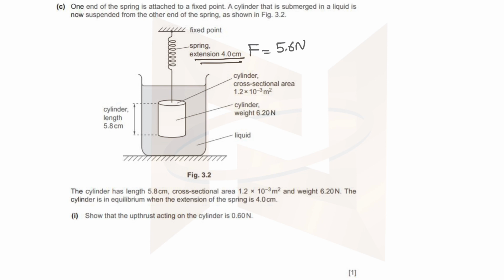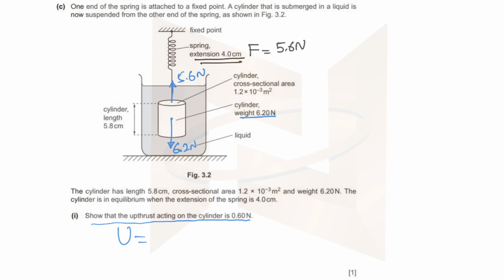Now, this force of 5.6 newtons is pulling this block upwards like this. The weight of the block or the cylinder is 6.2 newtons, which is downwards. And the question really is, show that the upthrust acting on the cylinder is 0.6 newtons. So upthrust would be equal to the downward force minus the upward force.